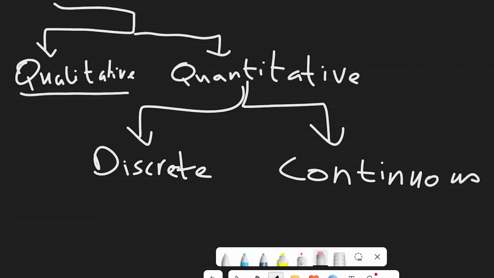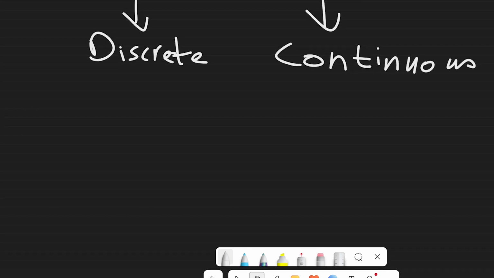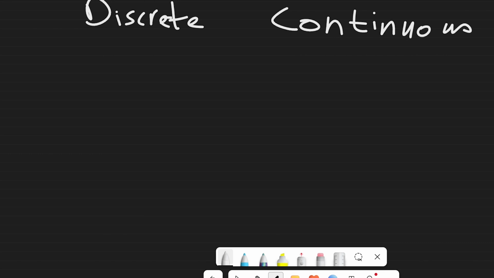Now let's move on to continuous data. For continuous data, I can say that it is the data which is not in precise form. For example, if I have a data table of marks, let's say marks of students in a class, and the frequency over here.